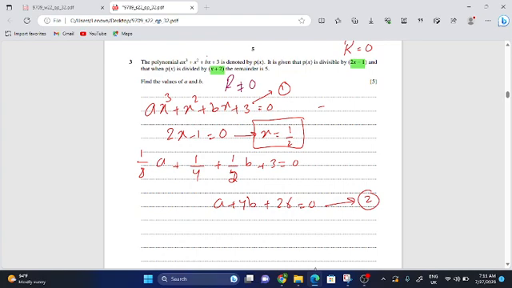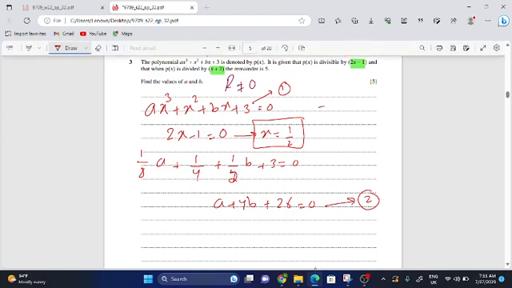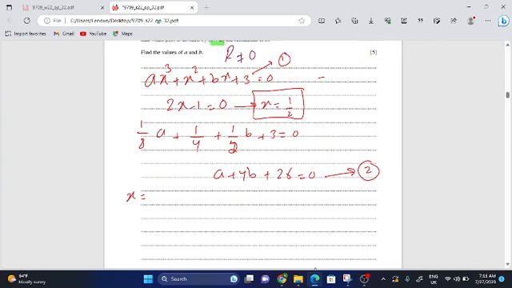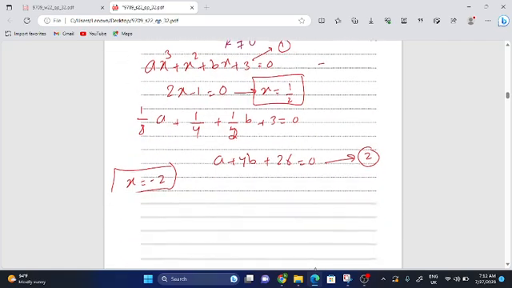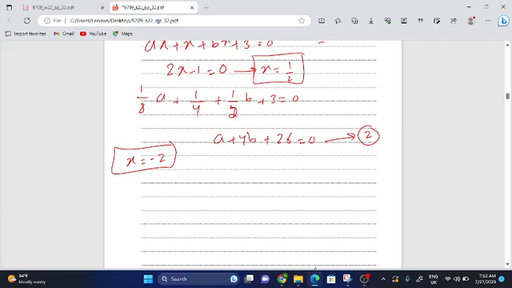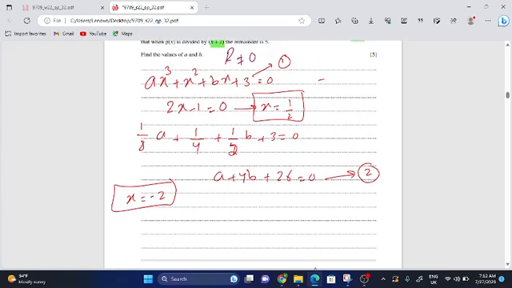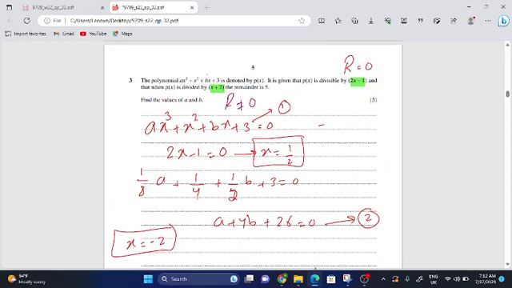Next, when the polynomial is divided by x plus 2, the remainder is 5. It means that whenever x is equal to minus 2, your remainder is 5. So plug x equals minus 2 into the polynomial.